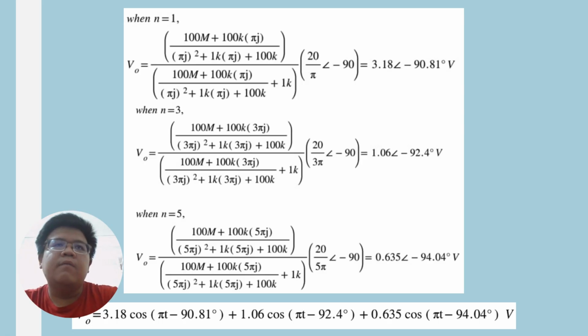We will get V naught equal to 3.18 cos(pi t minus 90.81) plus 1.06 cos(pi t minus 92.4) plus 0.635 cos(pi t minus 94.04) volts.